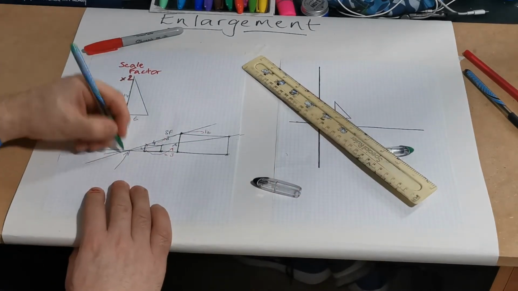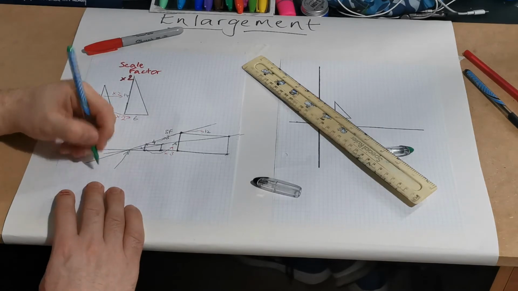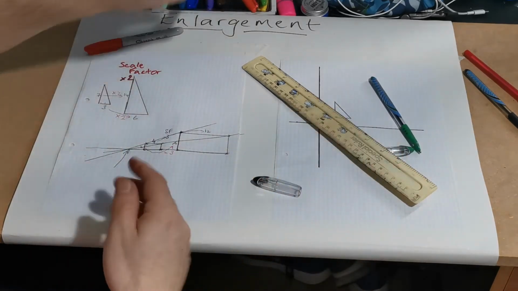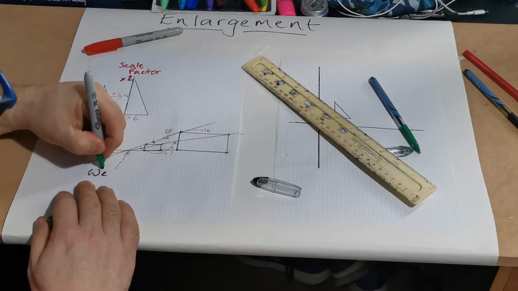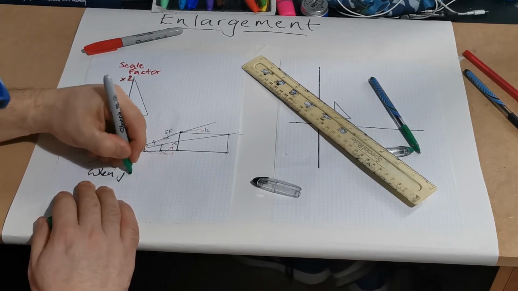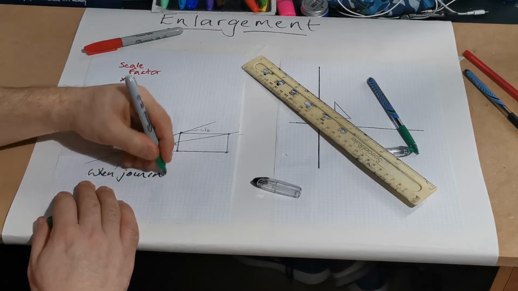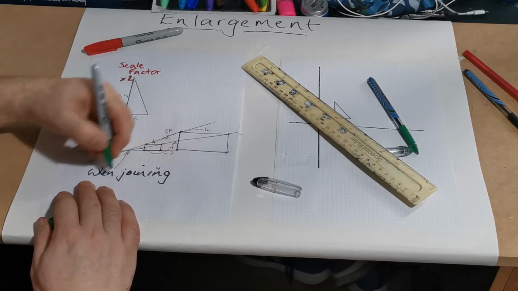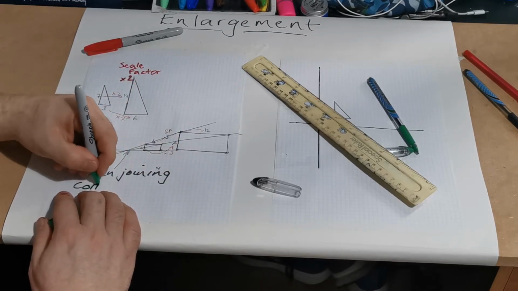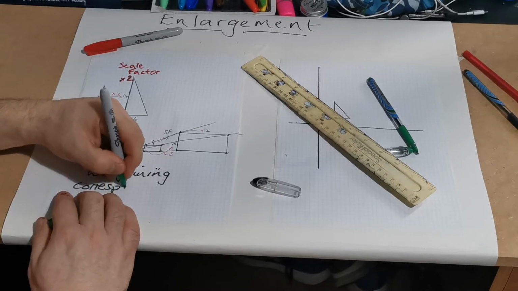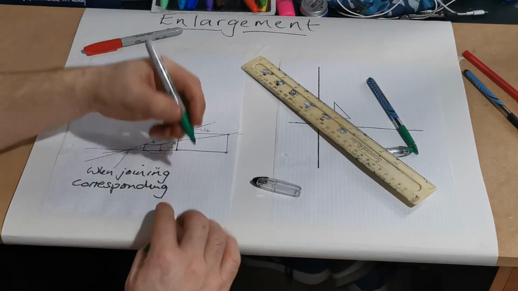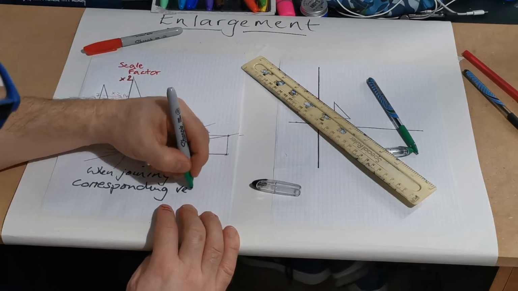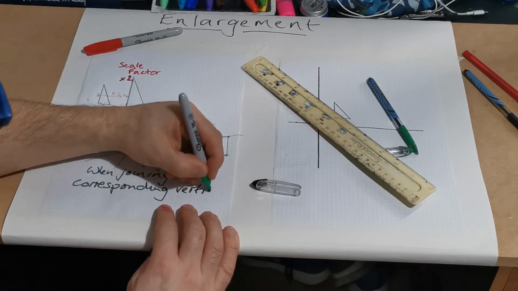And so when you join the corners, the proper name for a corner is a vertex, so the plural of that is vertices.